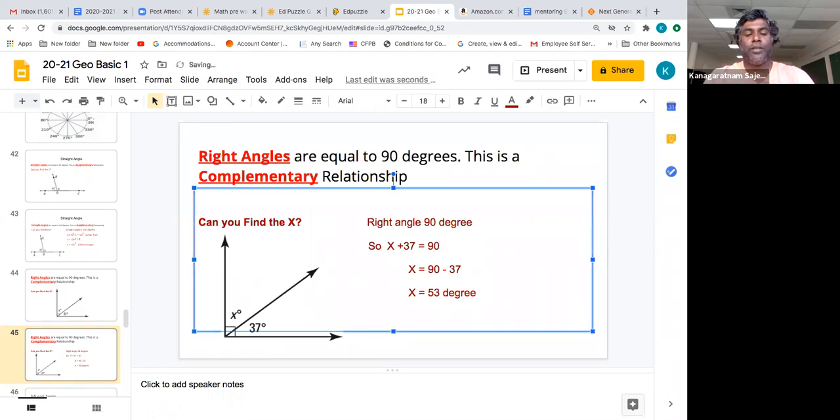I'd rather put the degree sign over here. Same thing over here, you can put degrees or a little bubble in there. So 90 minus 37 is 53 degrees, which is a complementary angle for 37 degrees. So x is 53, okay?